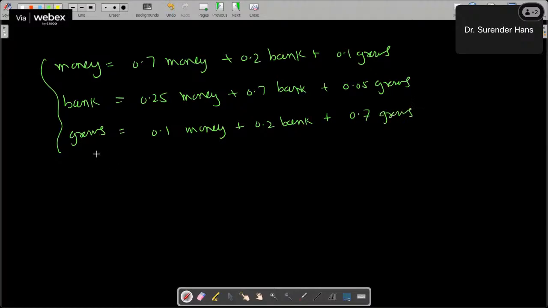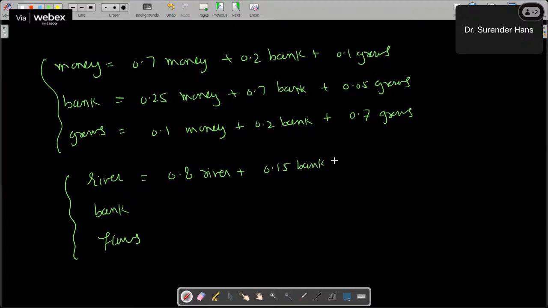This is an example; I can take any scalar values. For the second sentence, river bank flows: river is 0.8 river plus 0.15 bank plus 0.05 flows.